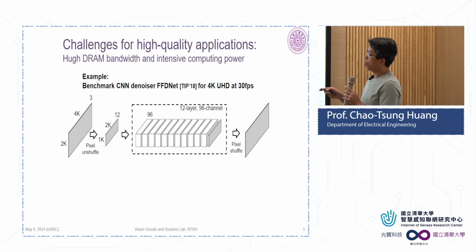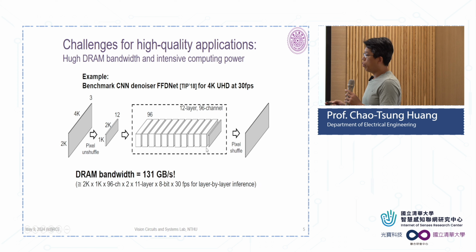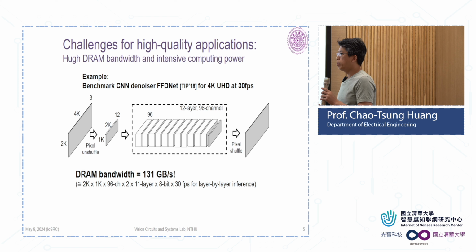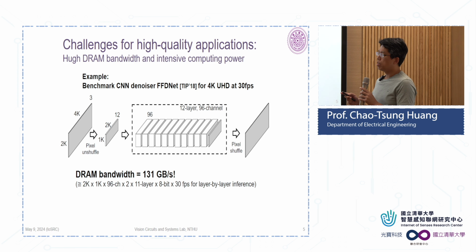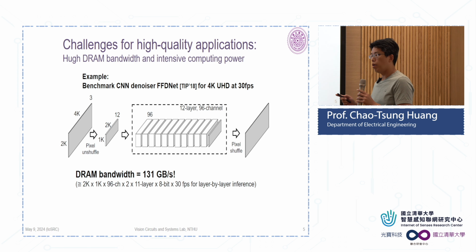For example, for these 4K input images, we run this layer first and save all of these features to the DRAM. And then we do the next layer, and so on, layer by layer. So in this case, we will require up to 100 to 131 gigabytes per second of DRAM bandwidth. And please remember that for our conventional mobile devices, the DRAM bandwidth limitation is only about 20 to 30 gigabytes per second.